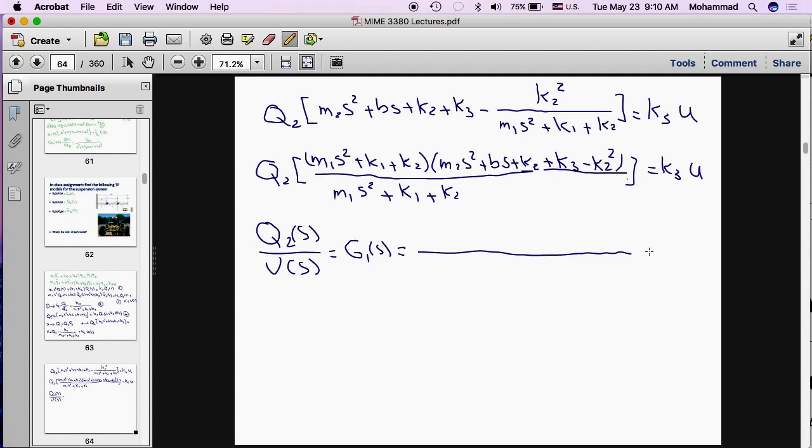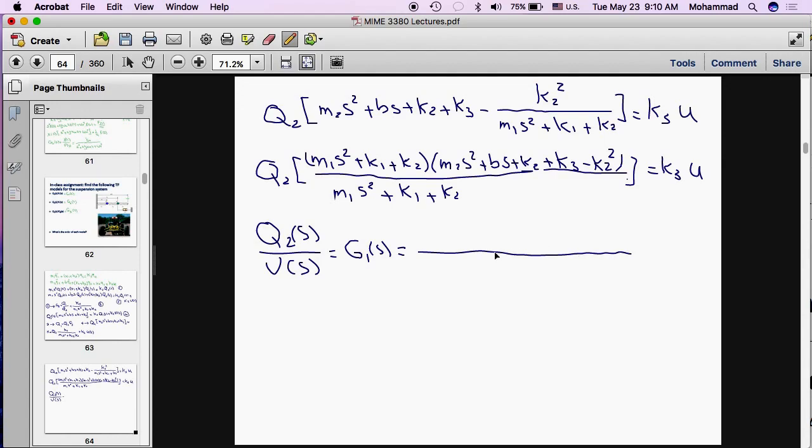So what goes in the numerator? K3 multiplied by the denominator here.